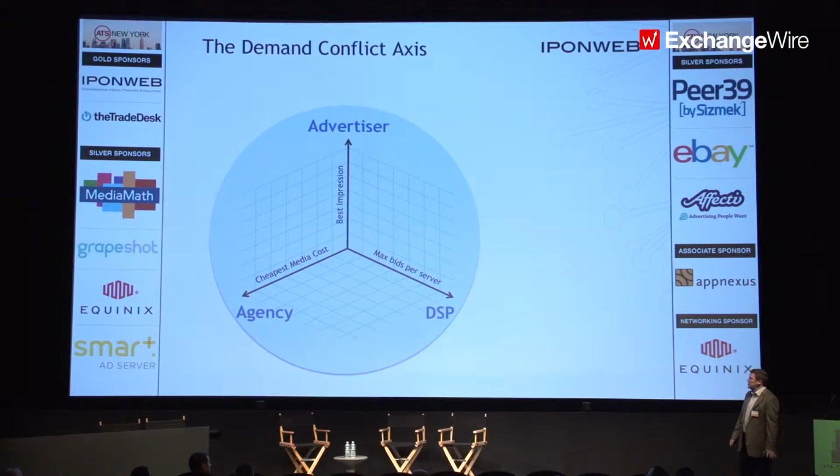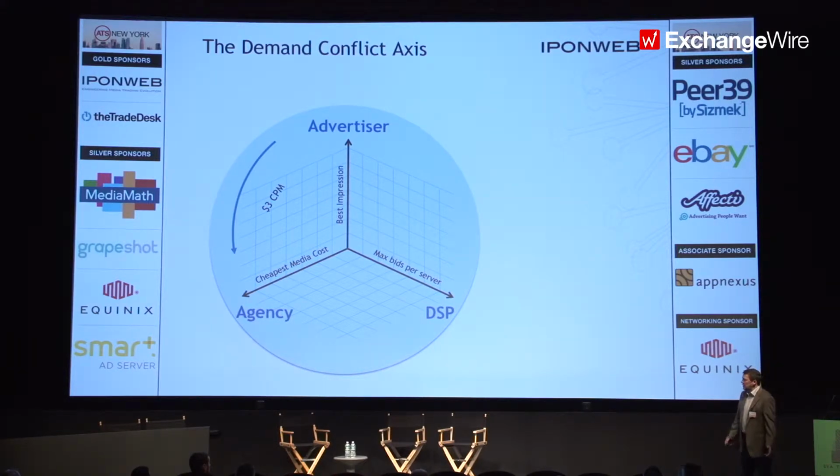Now, the advertiser wants the best impression, and that makes total sense. Still, they go and contract an agency to deliver impressions at $3 per 1,000. They don't really say, agency, please give me only the best. They say, any impression, no matter what, as long as it passes targeting, it's $3.